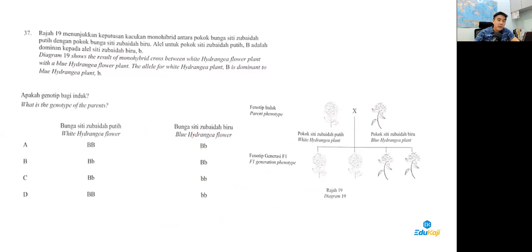Okay, for 37, still chapter 11, which is inheritance. So Bunga Siti Zubaida Putih. Okay. So they cross what? White with blue, and they get like half-half. So normally half-half, it has to be both big, small, sorry. It has to be like this type of combination. Because why?